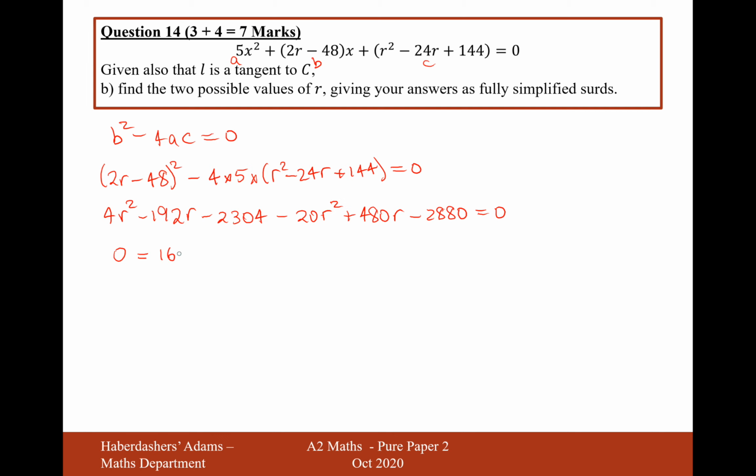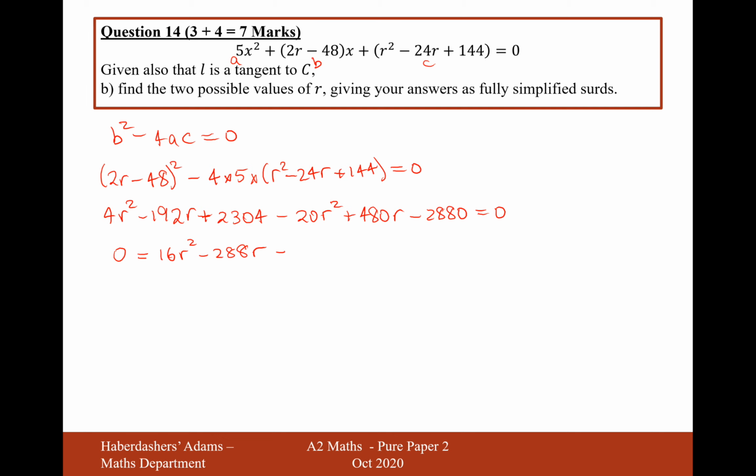I think what we'll do is move everything onto the right hand side, so it's going to be 16r squared, and then 192 minus 480, so minus 288r, and then we add the 2,880 on the other side and subtract the 2,304.